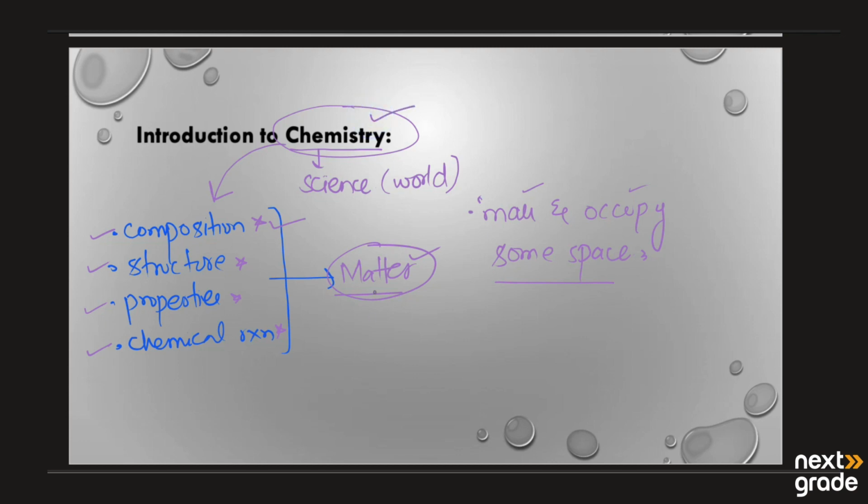So we have examples related to matter. For example, a chair around us, a table, a pen, a book. Everything has mass, and these things also occupy some space. So these are examples of matter.